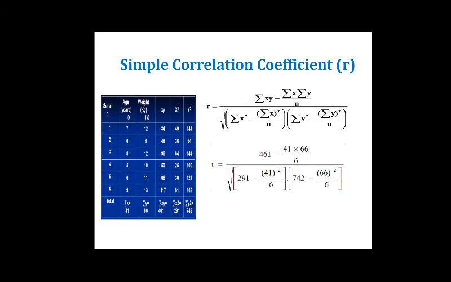So this is my formula. Summation of xy is 461, minus summation of x, which is 41, into summation of y, 66, divided by n. How many entries? Six entries.